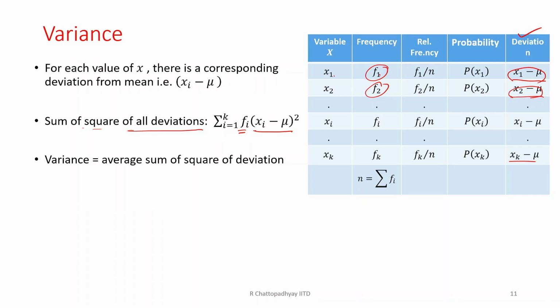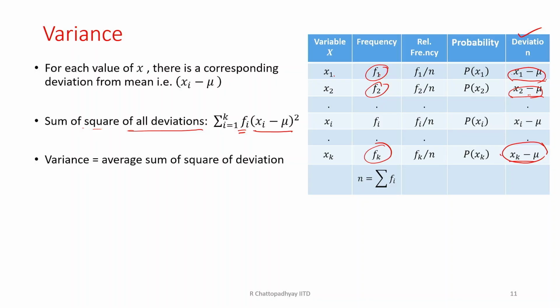If it is not a frequency distribution table. But a frequency distribution table means frequencies exist for each and every value of the variable, and hence whatever the deviations are, this deviation exists f1 times, this deviation exists f2 times, similarly this deviation exists fk times.